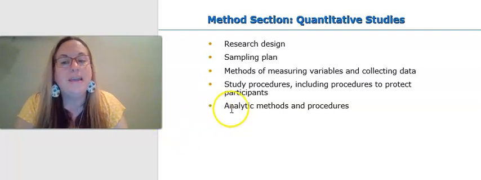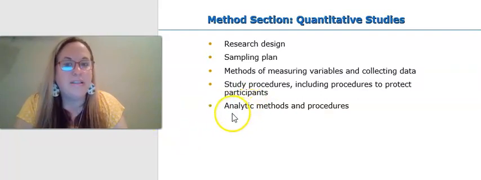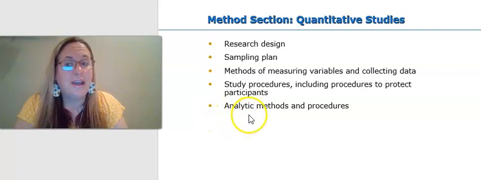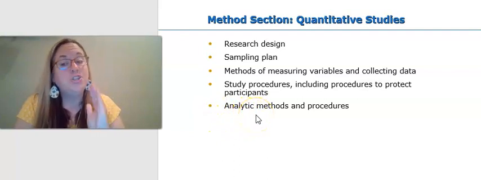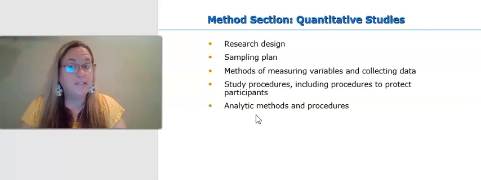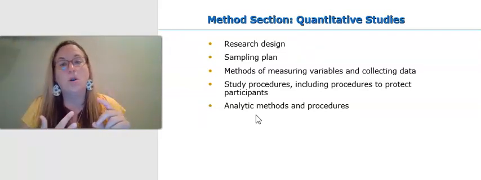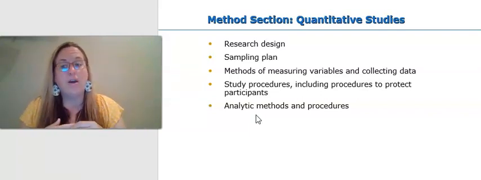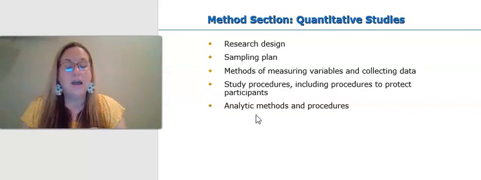And then they tell you at the end, typically, of the method section, their data analysis plan. So they will tell you the types of statistical analyses that they were going to run to answer each research question. So you might see things like descriptive statistics, like means or ranges, standard deviations, frequencies, t-test, ANOVA, chi-square tests, multiple regression analyses, logistic regression, odds ratios.